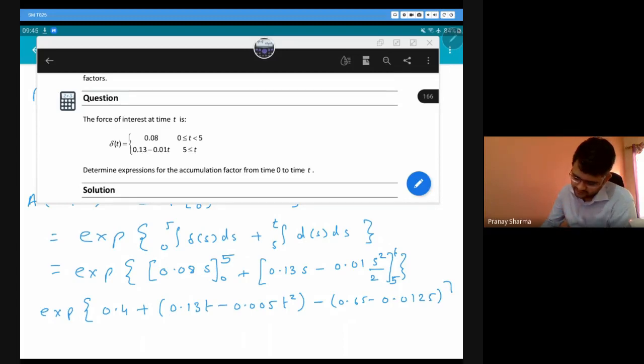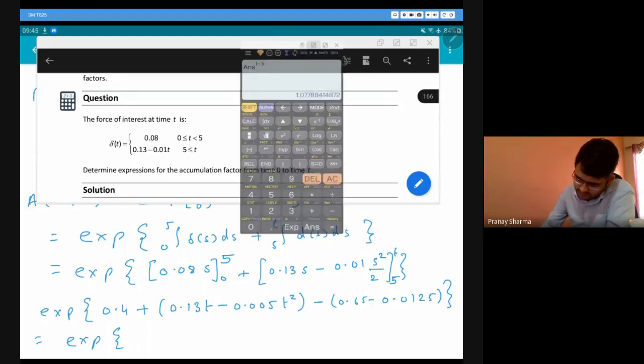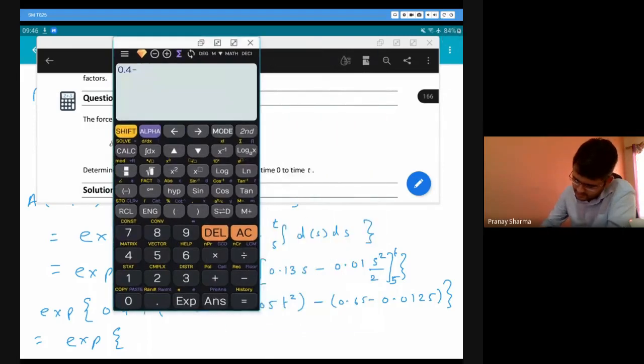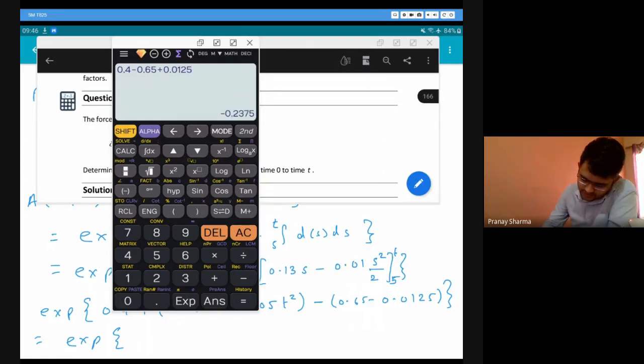So if we simplify all of this, we'll have exp 0.4 minus 0.65 plus 0.0125.